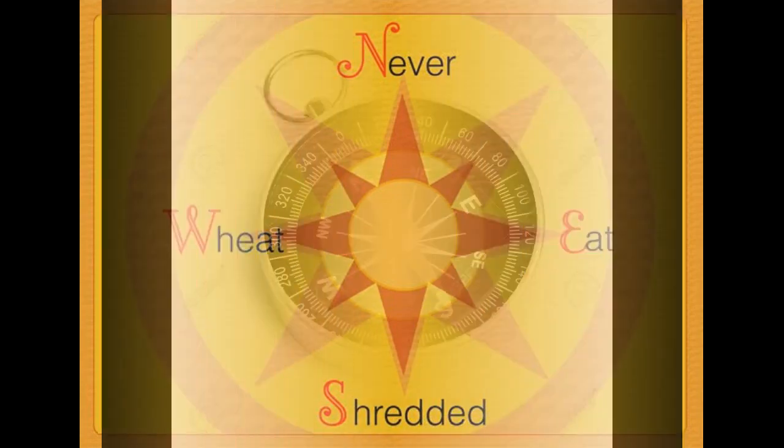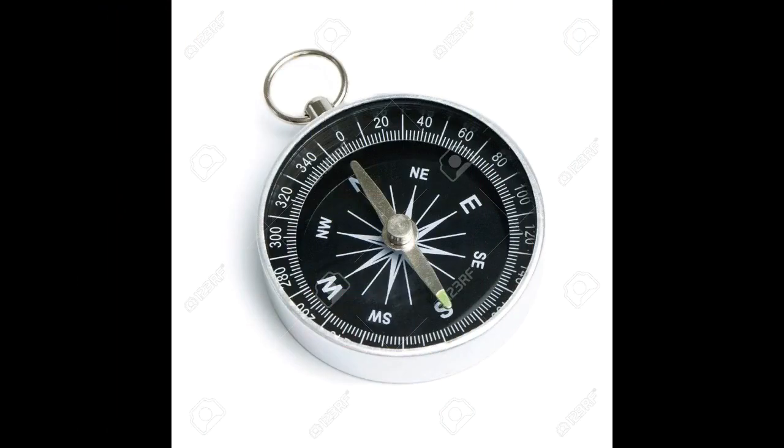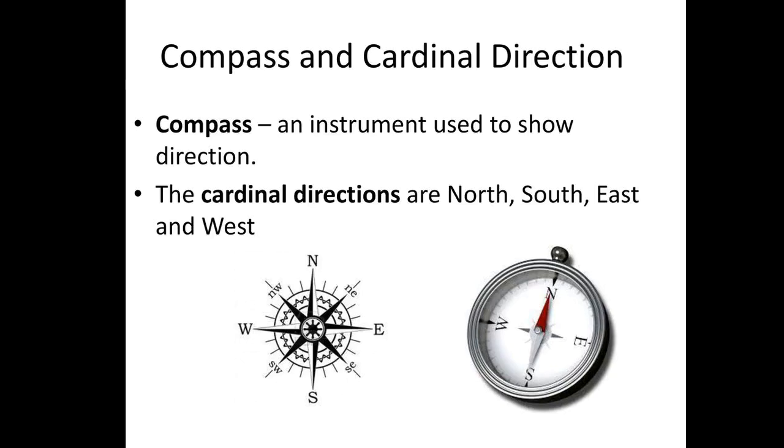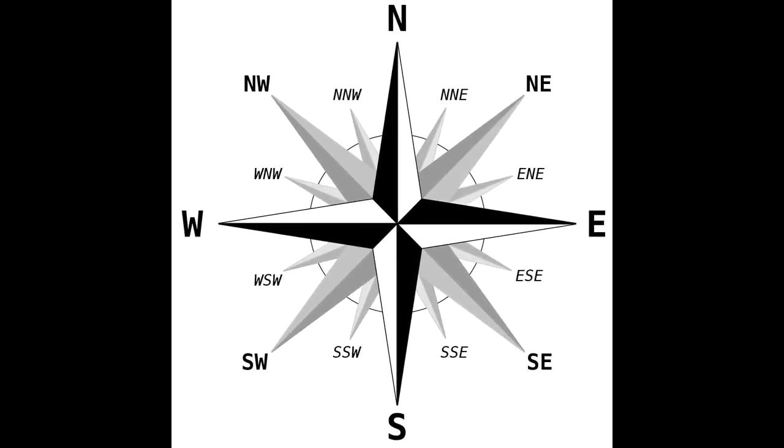The most important tool to find directions is a compass. A compass is an instrument which not only shows the main cardinal directions, which are north, east, south and west, but also shows the ordinal directions, which are northeast, southeast, southwest and northwest.